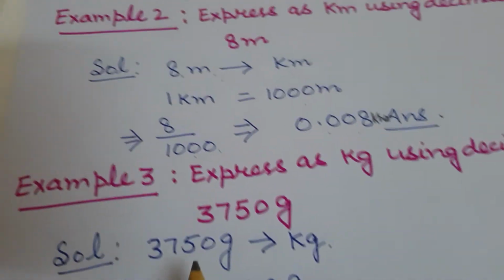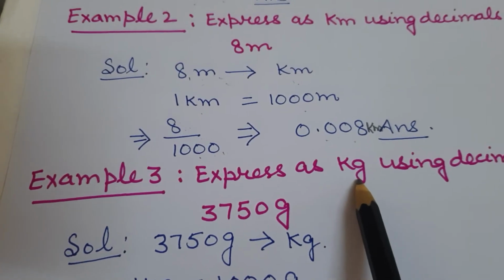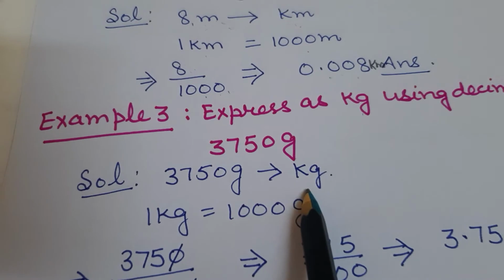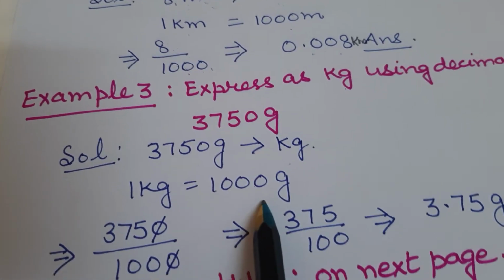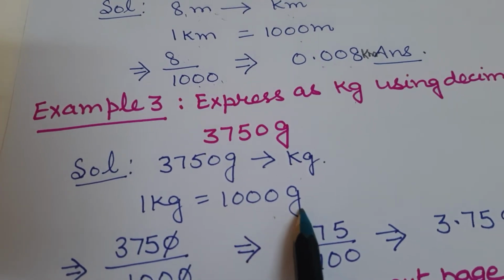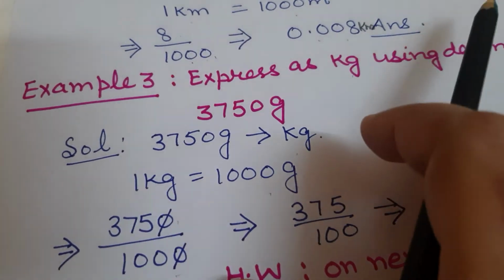Okay, next example, you have to convert grams into kilograms. Again smaller to bigger unit. So first we will write their relation. 1 kilogram is equal to how many grams? 1000 grams. So these grams will be divided by 1000.